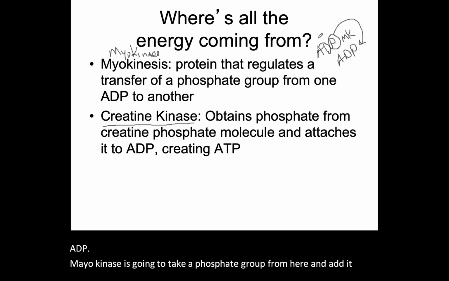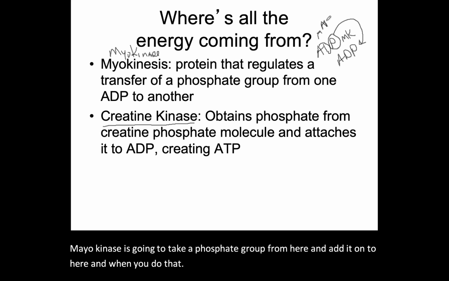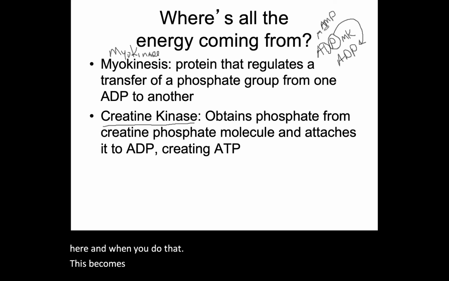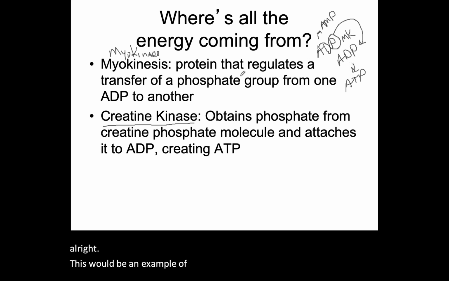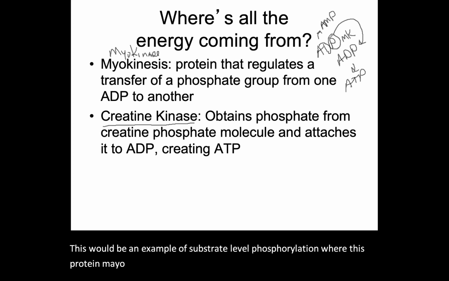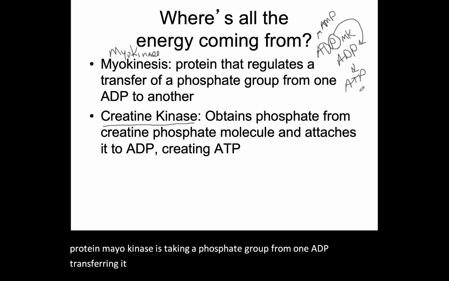And when you do that, this becomes AMP, adenosine monophosphate, and this becomes ATP. This would be an example of substrate level phosphorylation, where this protein, myokinase, is taking a phosphate group from one ADP and transferring it to another ADP to create ATP.